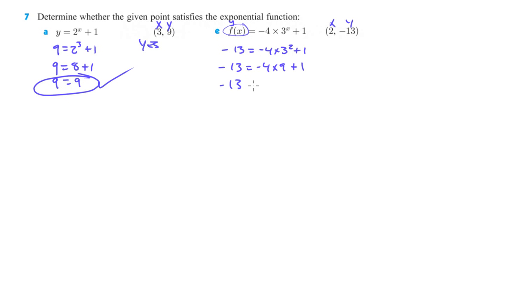So negative 4 times 9 is negative 36 plus 1. So negative 13 does not equal negative 35. So this one would be a no. Okay.